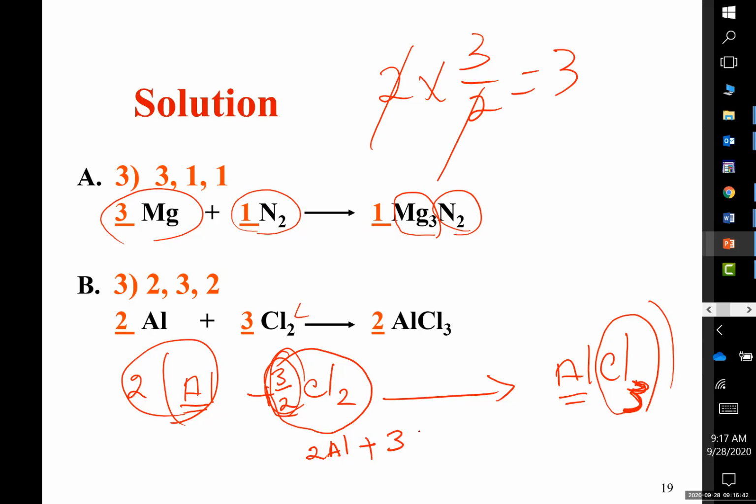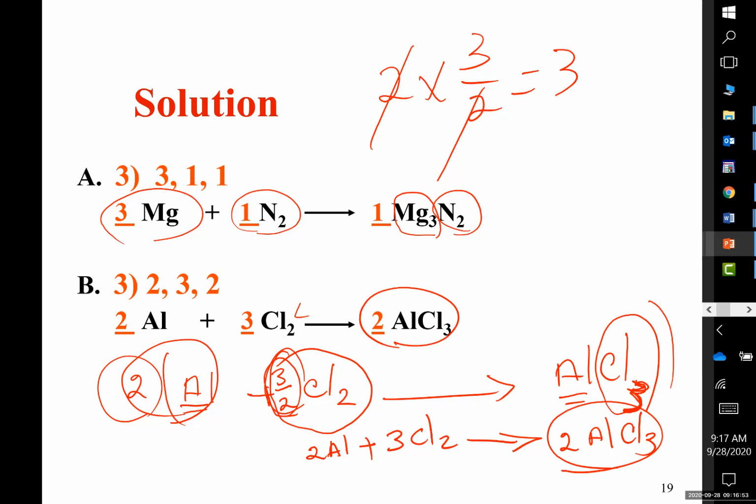So I get 3 Cl2, and I'm multiplying both sides by 2, 2 AlCl3. So that's what we got. Sometimes if you have to use a fractional number, use it, balance the equation, then multiply both sides of the equation by a number that gets you whole numbers. That was a good question, Elvis. Thank you. Anybody else, guys?